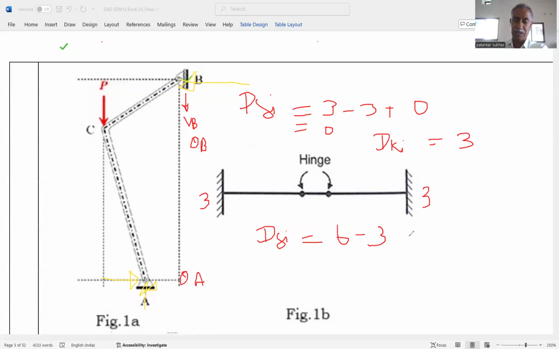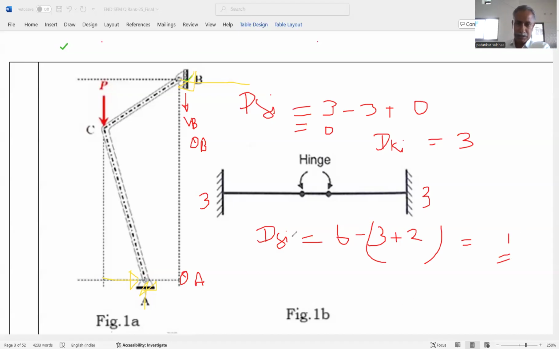And similarly, additional equations available due to the hinge, because we know that at hinge moment equation is always 0. That's why we have developed the two additional equations because two hinges are there, 1 plus 1, 2. So it is 6 minus 5. The answer is 1. So degree of static redundancy is 1.